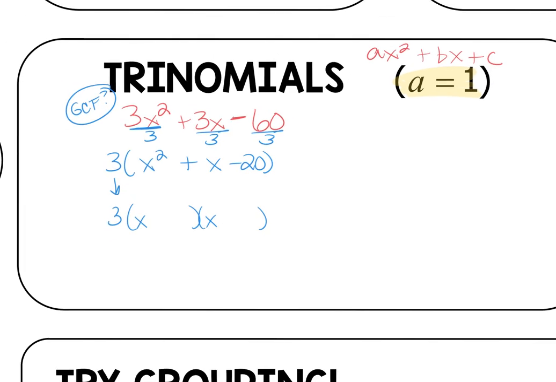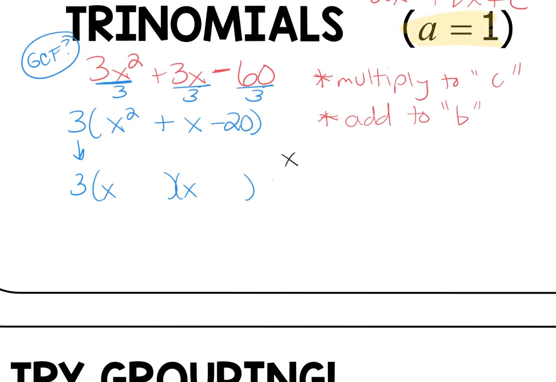Now, with these trinomials, I'm going to make another note over here. For my mystery numbers, they need to multiply to c, and they have to add to b. So at this particular moment, I'm looking for numbers that can multiply to be a negative 20 and add to be a 1.